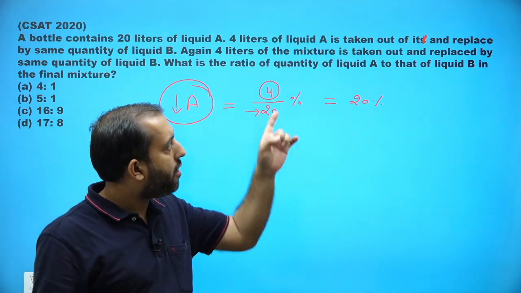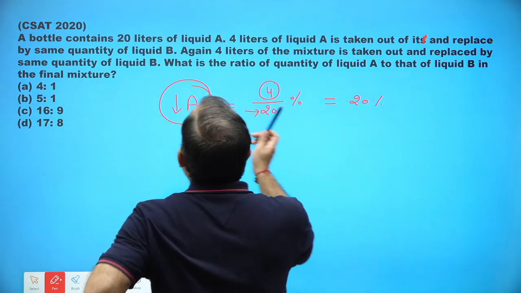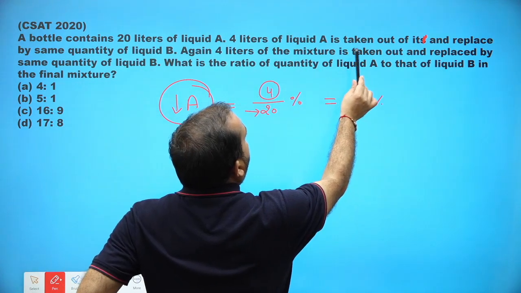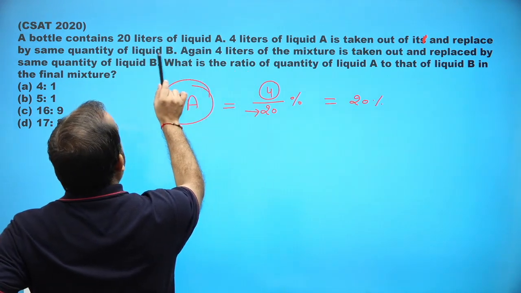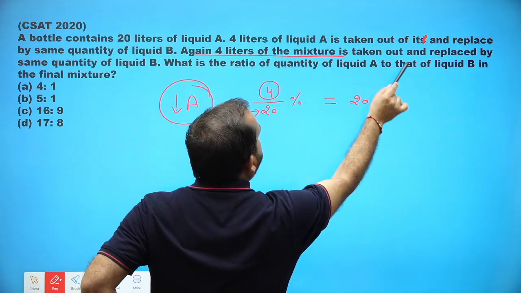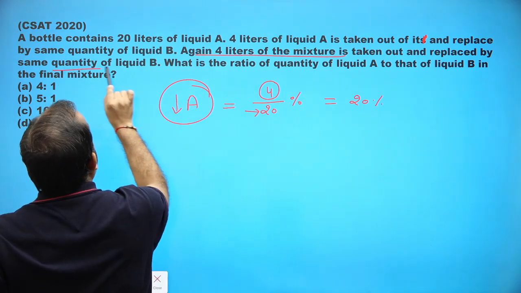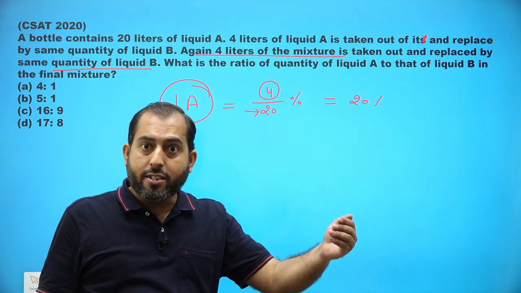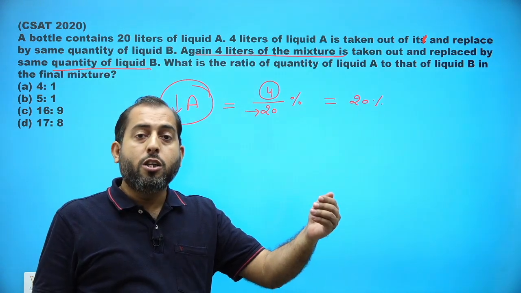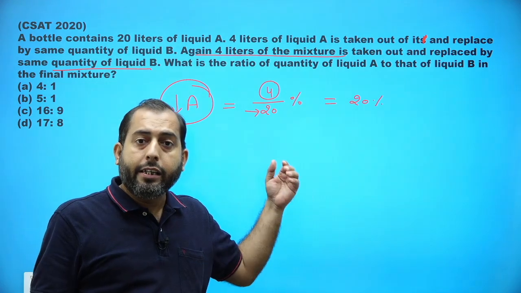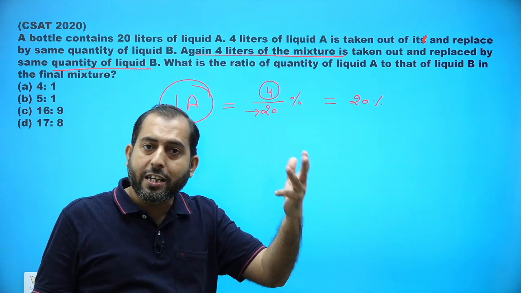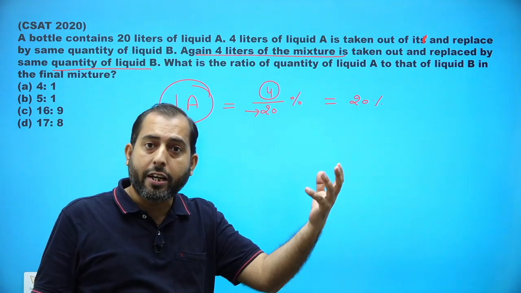Okay? Read this question carefully. How many replacements were there? 4 liters taken out and replaced with liquid B, and again 4 liters of mixture is taken out and replaced by the same quantity of liquid B. So in this case, 2 replacements are going on. In these kinds of questions, successive decrement is going on.